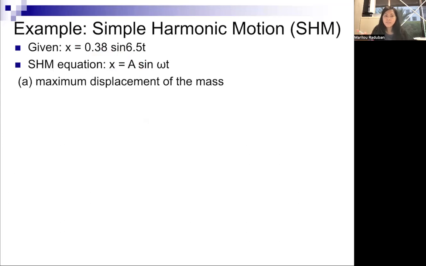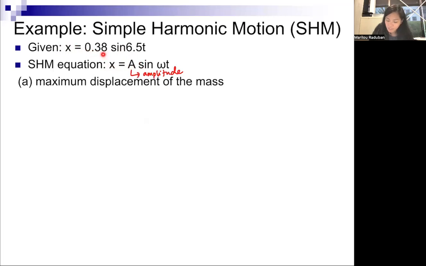So recall, maximum displacement is also called amplitude. So the amplitude of the oscillating object will be the maximum displacement. Amplitude is this capital A, right? So if you compare the equation, you have x is equal to the amplitude. So amplitude should then be 0.38.